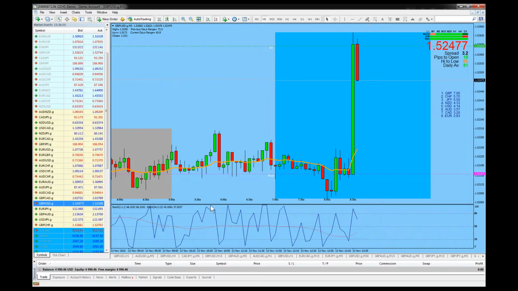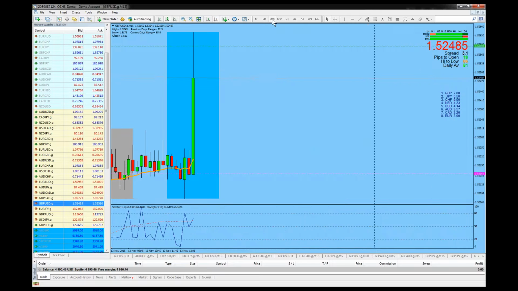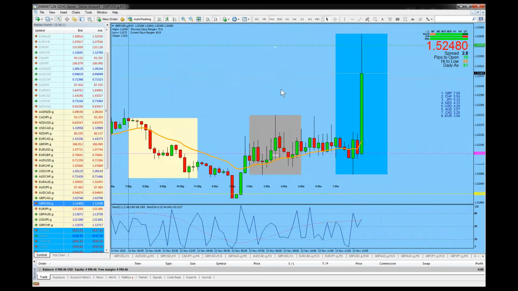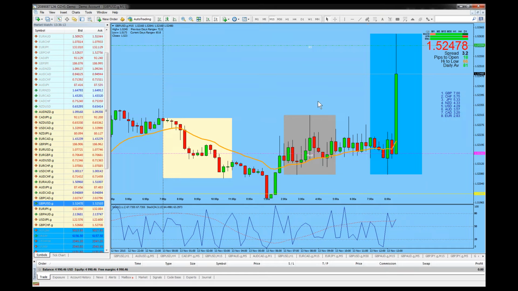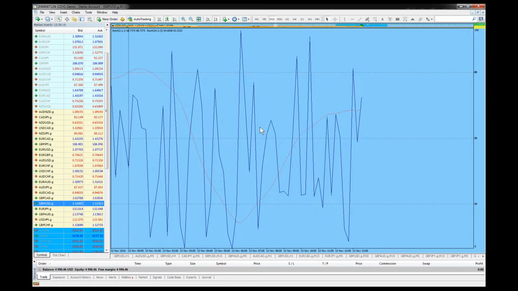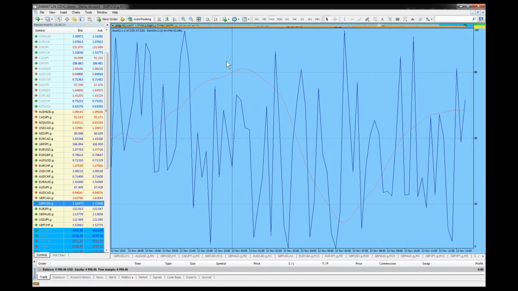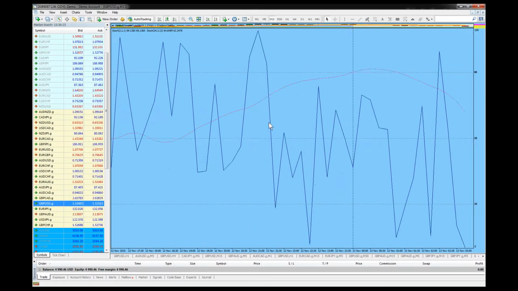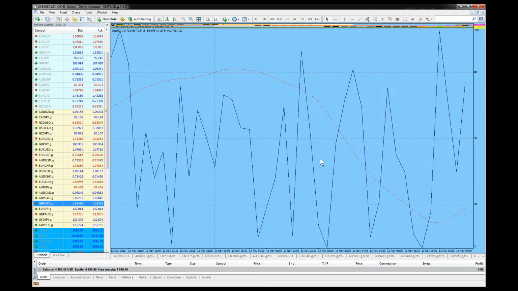All right, so on this stochastic thing, this is something I like. I like looking at this on the 15 and the 1 primarily. I sometimes jump to the 5 minute, but usually it's the 15 and the 1. And this is a good 358 scalping method also.